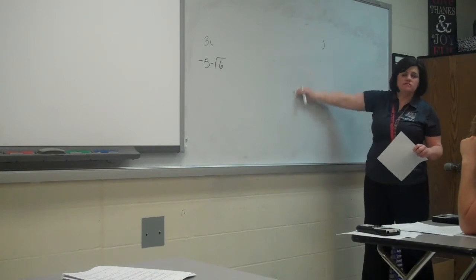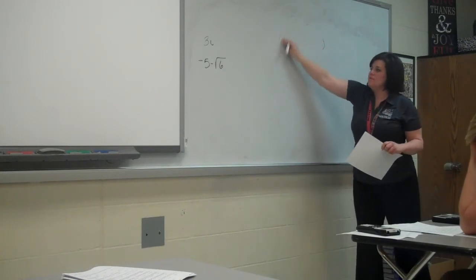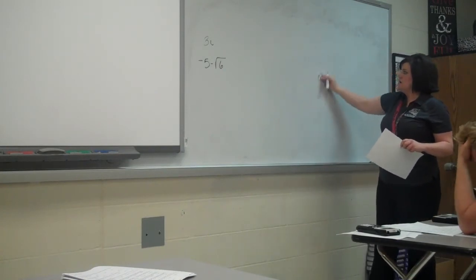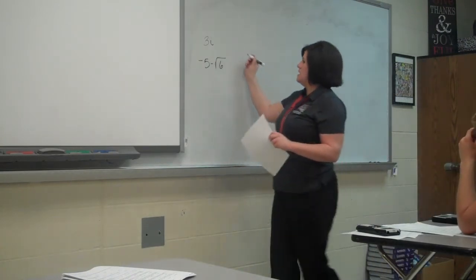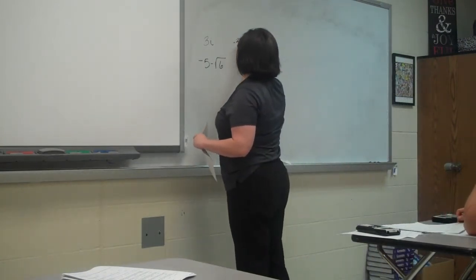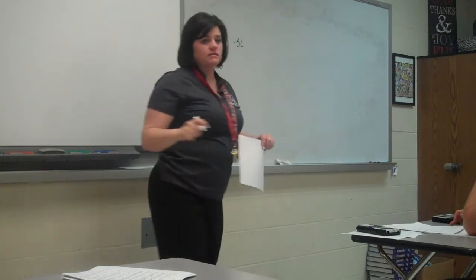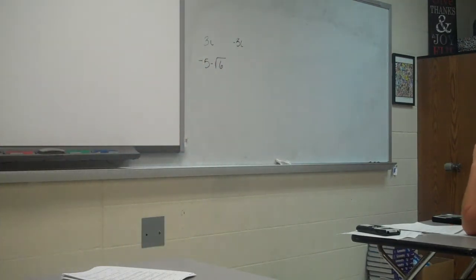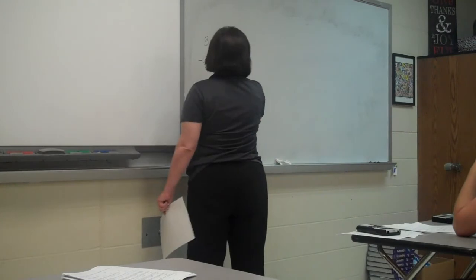But if you have irrational zeros, they come in pairs. So if you've got positive 3i as a 0, that means another 0 is going to have to be negative 3i. And if you have negative 5 minus the square root of 6 as a 0, then you should have negative 5 plus the square root of 6 as another 0.